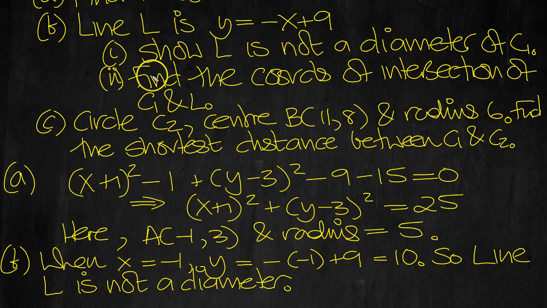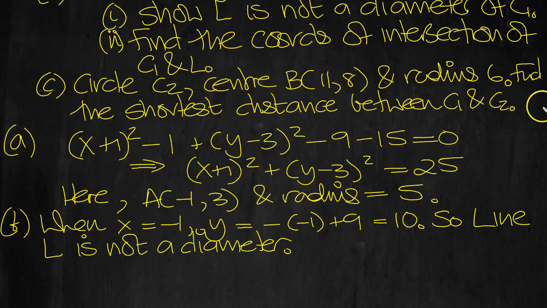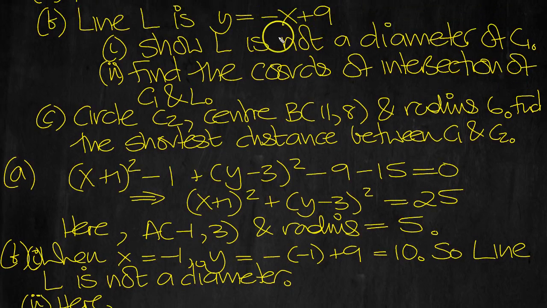Okay, good. Part 2, find the coordinates of intersection of C1 and L. Let's substitute in then. What have we got here for y? We've got minus x plus 9.